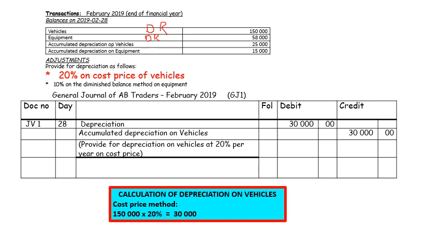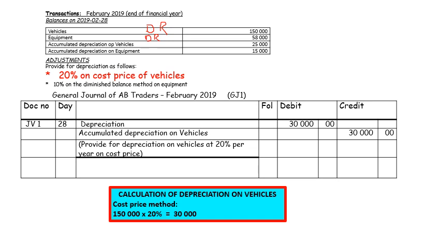Accumulated depreciation on vehicles and accumulated depreciation on equipment can obviously not be an asset, because assets are possessions of the business. It's not liabilities either, because a liability is money that the business owes to another person or to another business or institution. So these are not assets, they are also not liabilities.